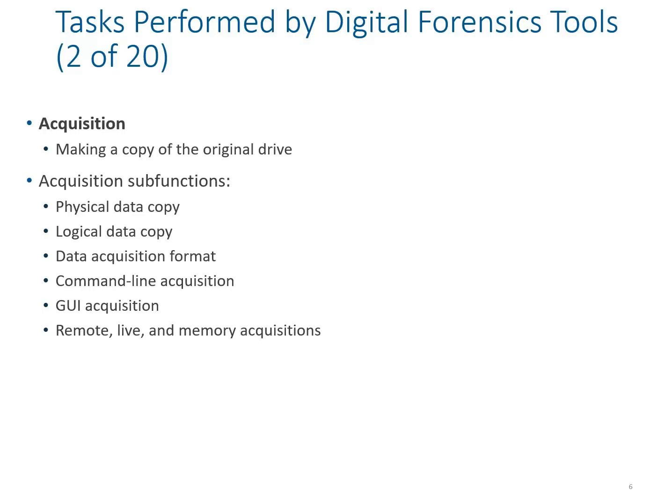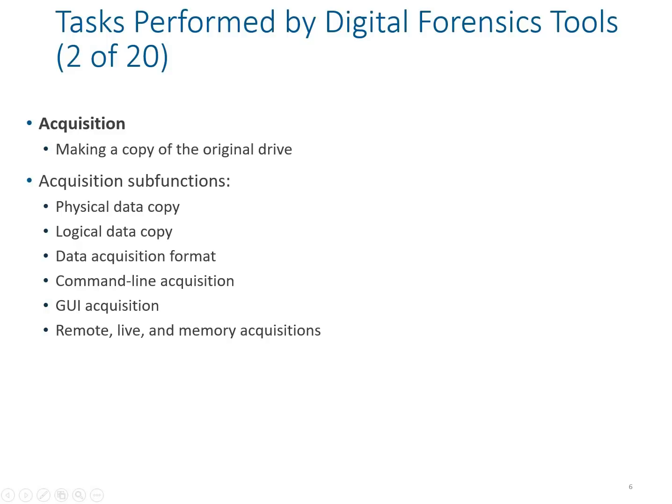It means a live acquisition of the data when the remote machine is powered on and working. If you create a physical data copy and later find out that the hard drive is encrypted, there is nothing much you can do. Whereas with live data acquisition, you have the chance to recover the data since the machine is powered on and its encryption is not active, and you can directly copy the data from the machine.